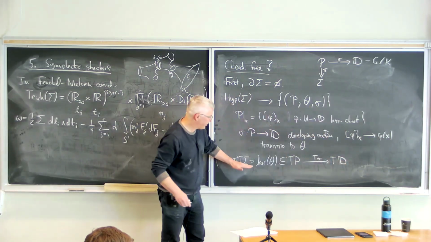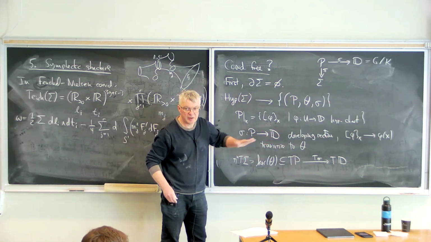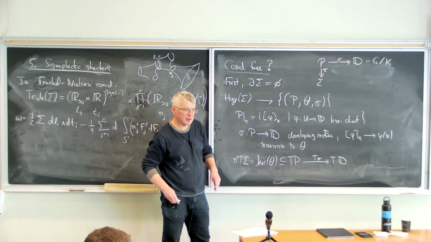Then it's a map from something of rank 2 to something of rank 2, and this should be an orientation preserving isomorphism, I mean fiber-wise.